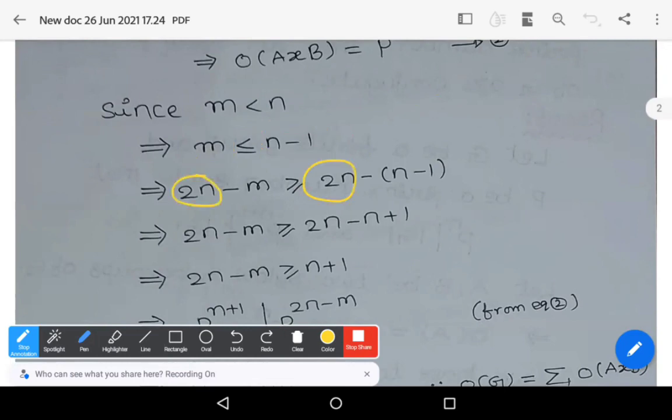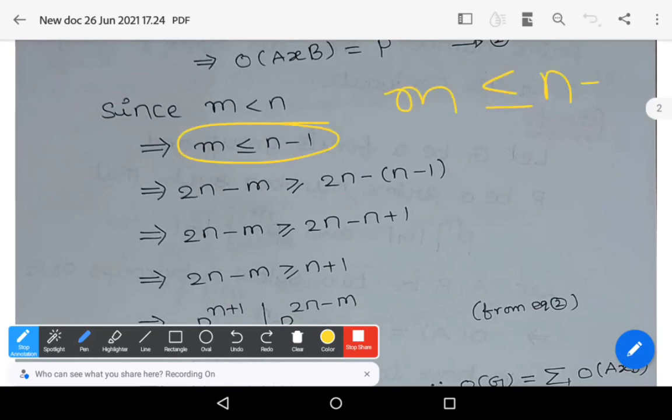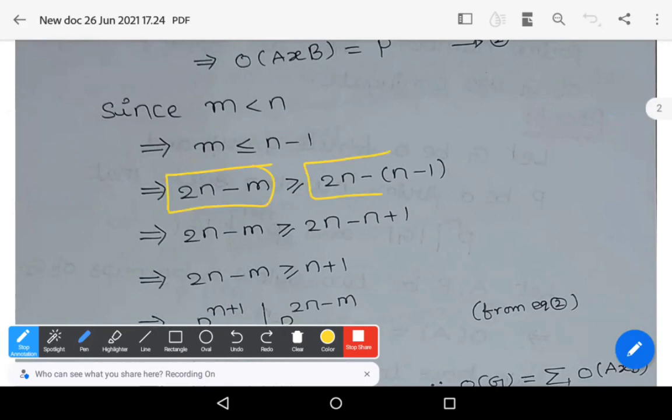If we subtract both of them from 2n, the less than or equal to becomes greater than or equal to. So 2n minus m is greater than or equal to 2n minus (n minus 1).